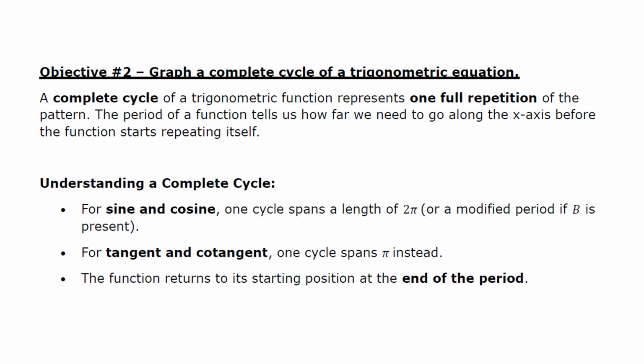So in understanding a complete cycle or one full rotation, you need to know that for sine and cosine, one cycle spans a length of 2 pi, or a modified period if b is present in your function. For tangent and cotangent, one cycle spans pi. The function then returns to the starting position at the end of the period, so going from 1 to 1 or 0 back to 0.